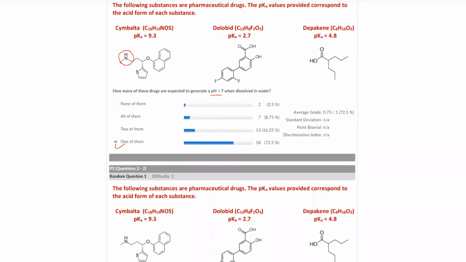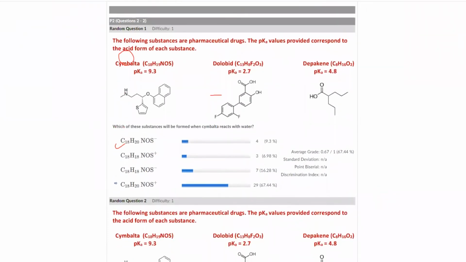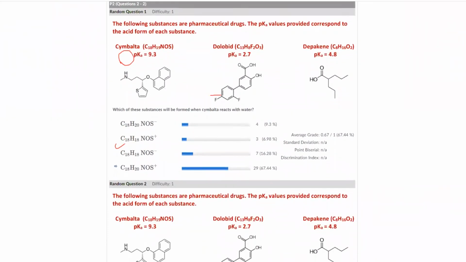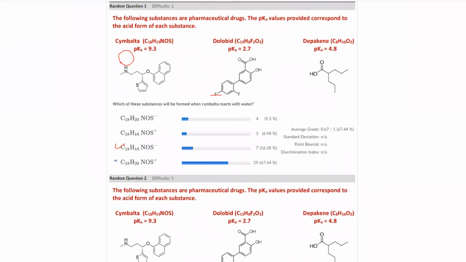Now, the next question. Let me get rid of my doodling first. Which of these substances will be formed when Cymbalta reacts with water? Cymbalta is a base. Again, what bases do is they accept a proton from water.